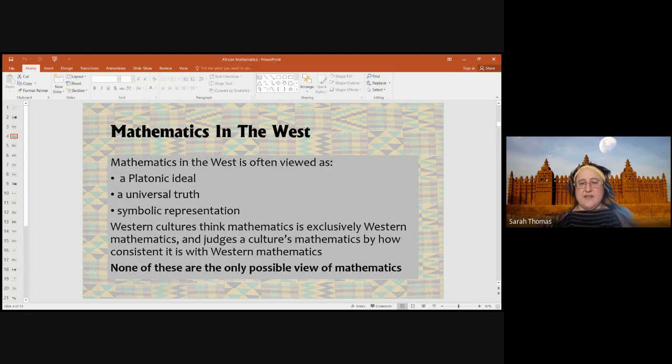So Western mathematics, we often view it as like there are these universal truths out there, and they are all there is to mathematics, and everybody just discovers these. There's kind of this Platonic heaven thing going on. And then we focus a lot also on solving equations.